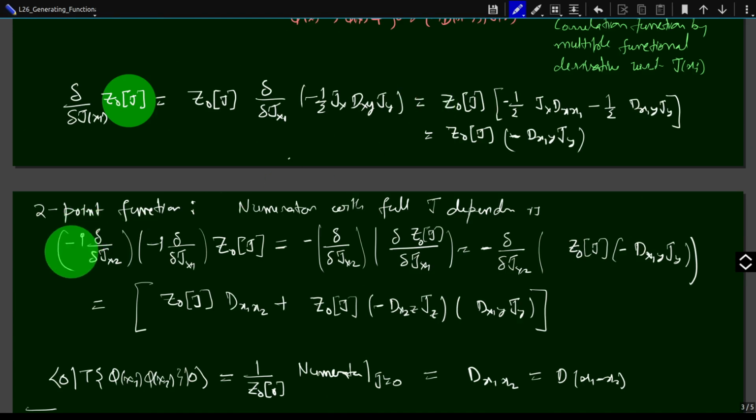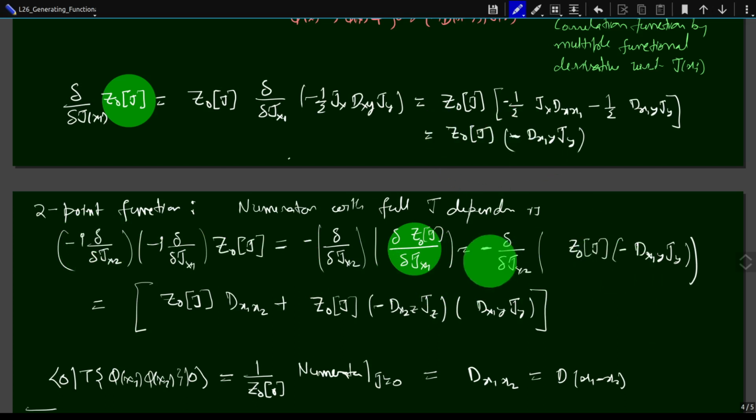So the numerator has these two derivatives. This minus i times minus i is nothing but minus 1 times del by del J(x2) times del Z0 by del J(x1), and I replace this by the expression that I have over here. There is one minus sign because of this definition of i's, and one minus sign from the derivative that I have, so these two cancel.